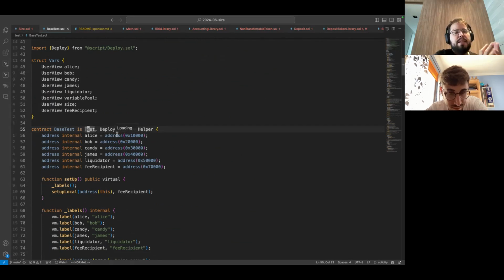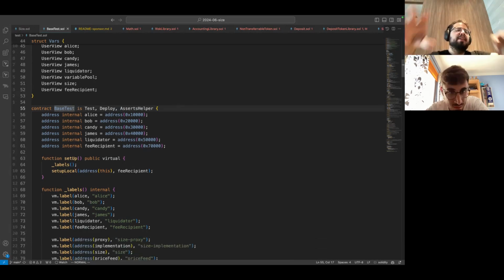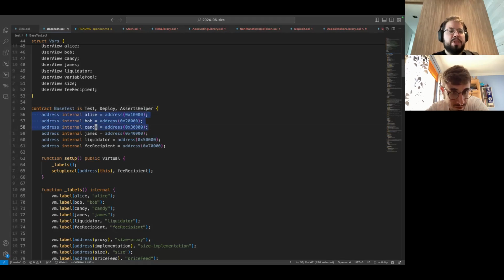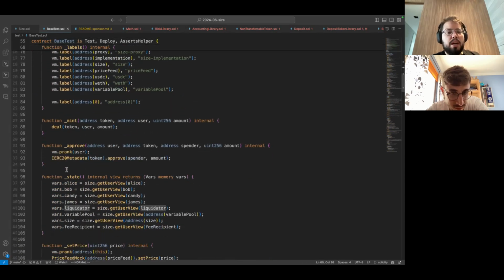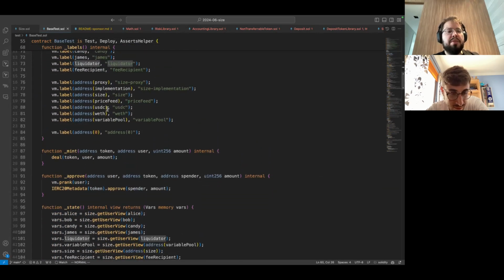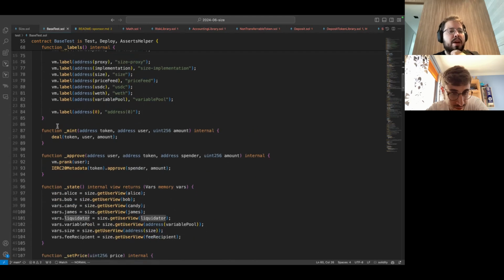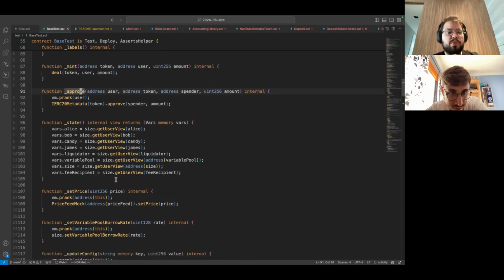All tests that are not pure library tests inherit from base test, and this basically deploys the whole protocol, and then you test a specific scenario. So here we have a bunch of actors like Alice, Bob, Liquidator, etc. Then we have some helper functions to mint tokens, approve tokens, etc.